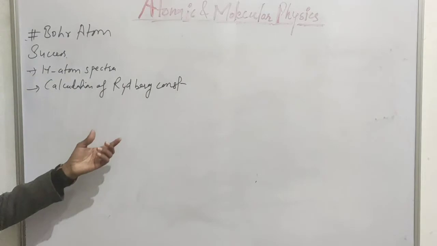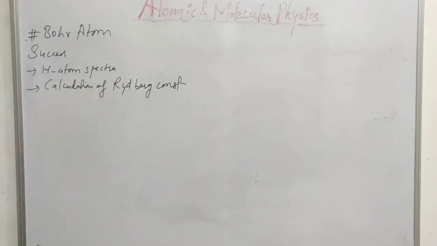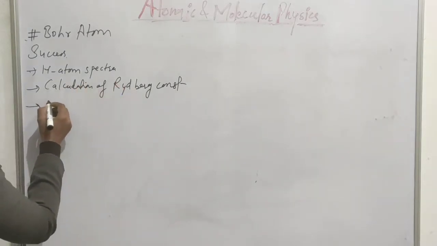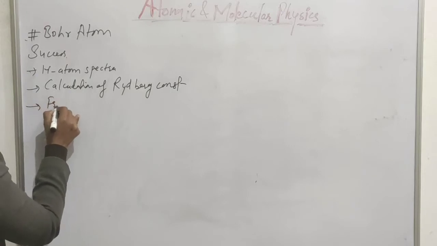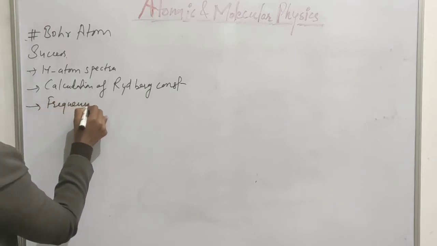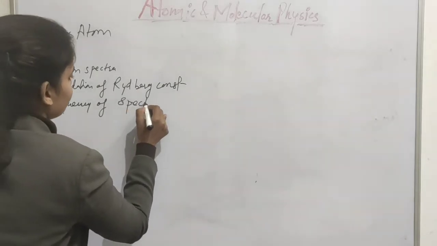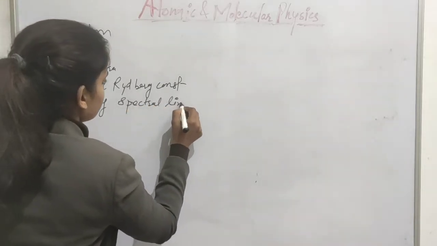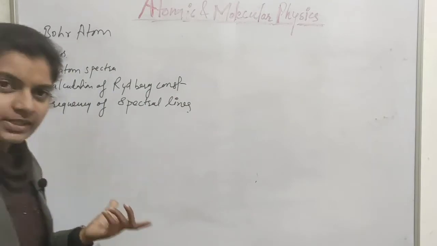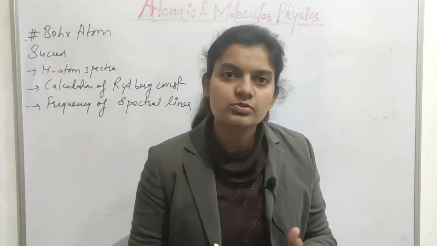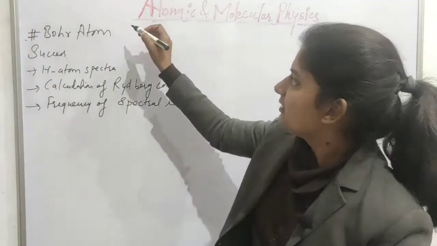He gave the experimental value of the Rydberg constant. Next, he was able to give the frequency of spectral lines. So these were the successes of Bohr's model of atom in 1913.